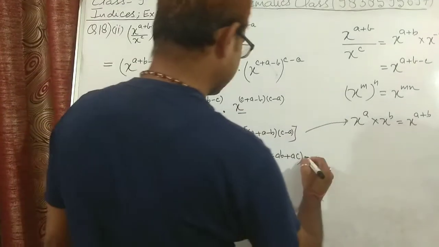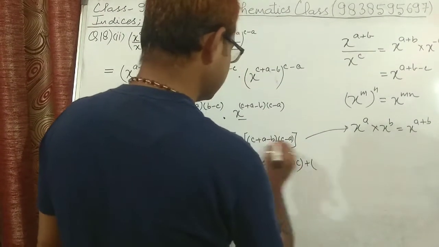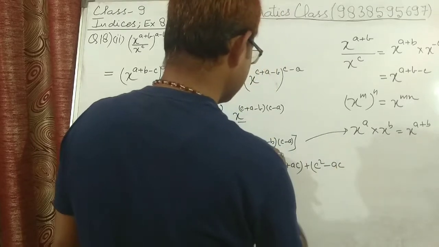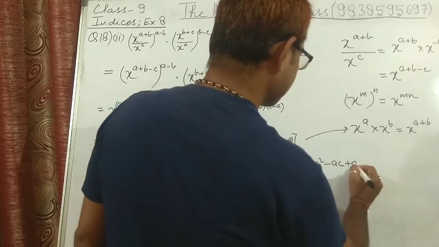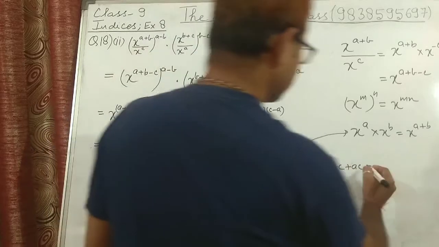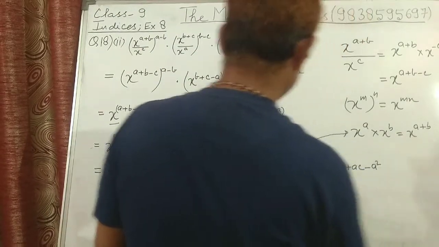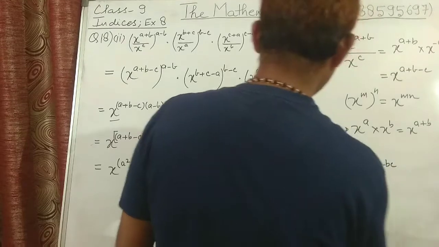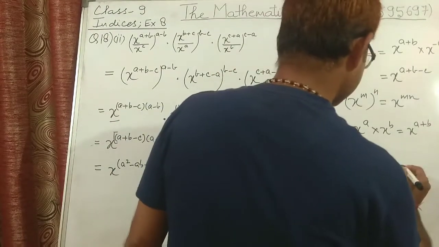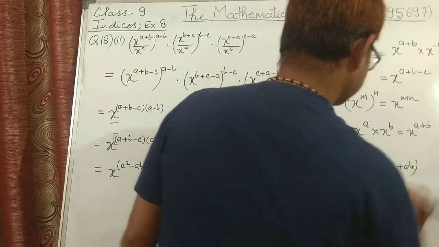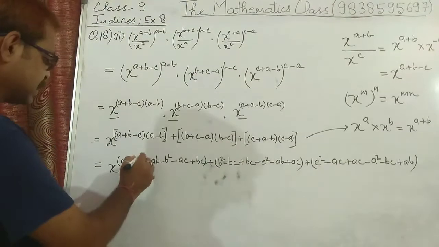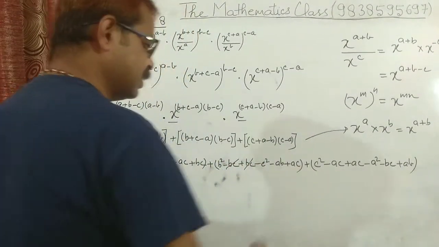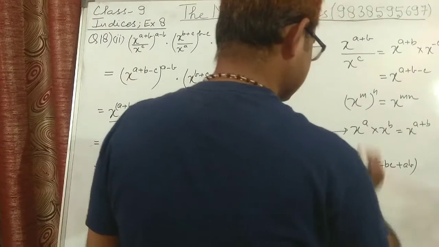Then third one, so again plus, now c into c is c square, c into minus a is minus ac, plus a into plus c is plus ac, plus a into minus a is minus a square, minus b into c is minus bc, and minus b into a is plus ab. Now minus ab plus ab cancelled, minus bc plus bc cancelled, minus ac plus ac cancelled.